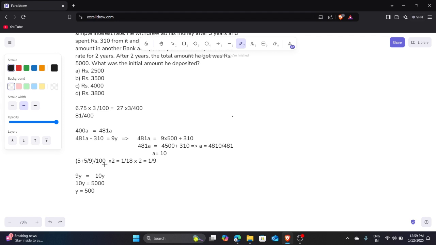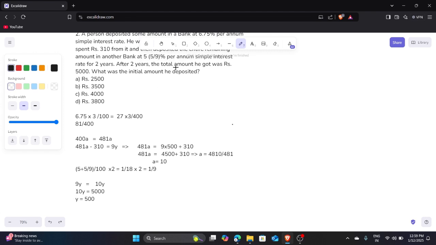So we take that also. I solve it by multiplying by 200. Remove the percentage sign, so I get 100 in the division, and then multiply by 200, and I get this fraction value 1 by 9. So it means that if our main value is 9 units, then its interest for 2 years, with the help of this rate, is 10. Now in the question, 5,000 was the total amount he gets at the end.